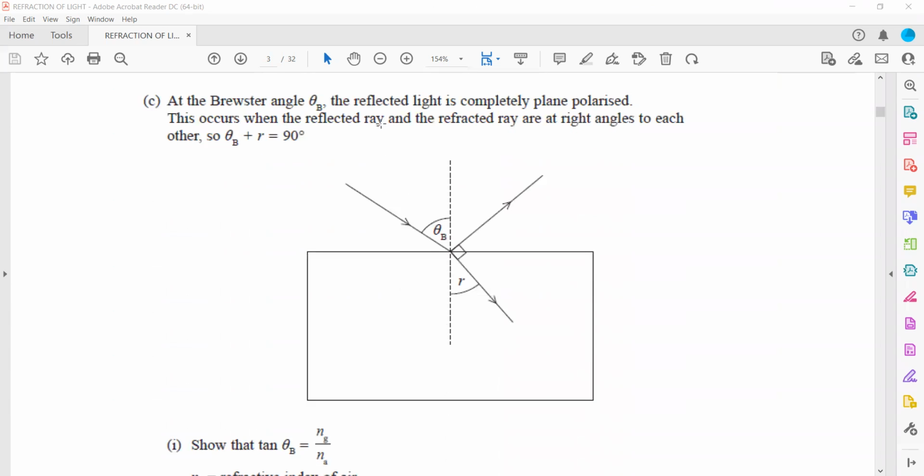In part C, at the Brewster angle, which is theta b, the reflected ray is completely plane polarized, and this occurs when the reflected ray and the refracted ray have an angle of 90 degrees between them, so the Brewster angle plus r is equal to 90.